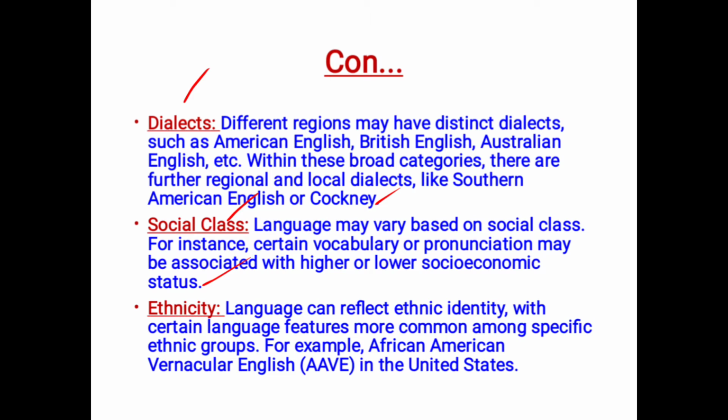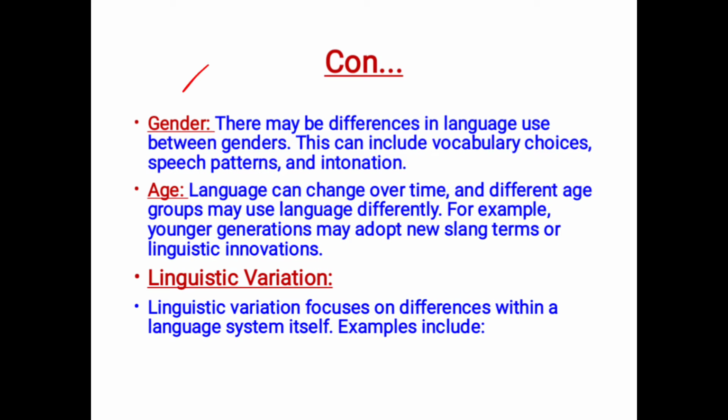Ethnicity. Language can reflect ethnic identity, with certain language features more common among specific ethnic groups. For example, African American Vernacular English in the United States. Gender. There may be differences in language use between genders. This can include vocabulary choices, speech patterns, and intonation. It's all about male and female, like how they use the language.